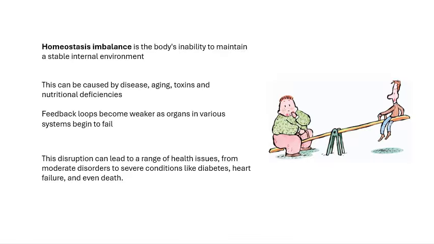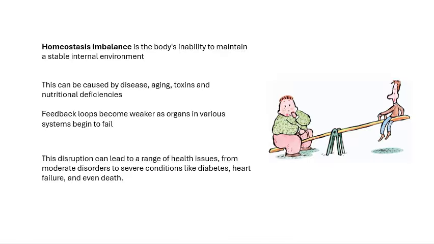If one of these organs begins to fail, then so does the system. I've picked one example, which is the kidneys. If your kidneys begin to fail, then your body's ability to filter toxins from the blood is affected. This is one of the things our kidneys do: they filter poisons from our blood.